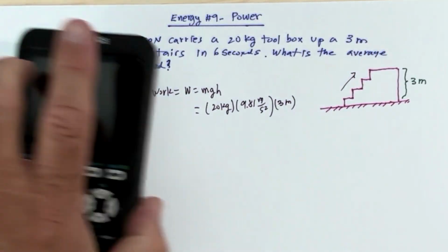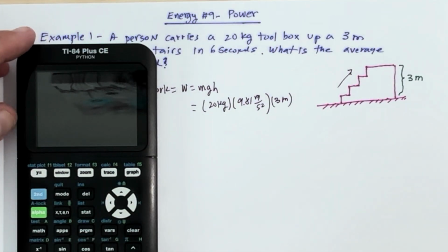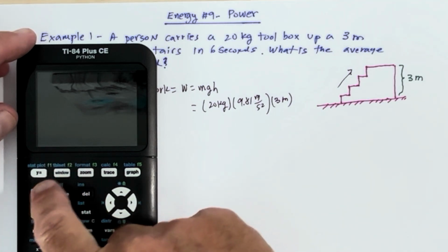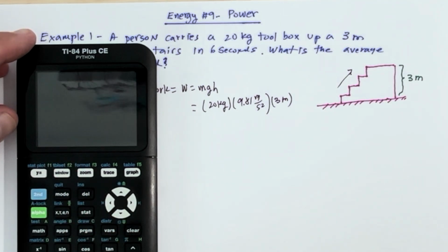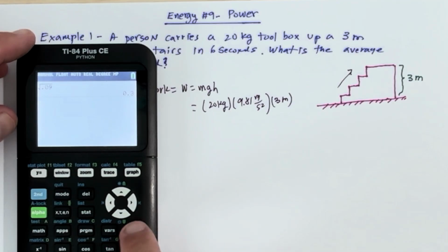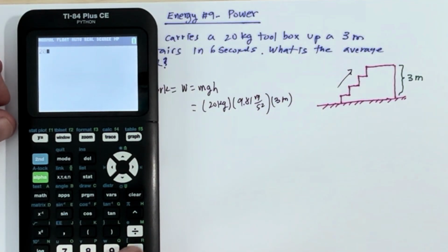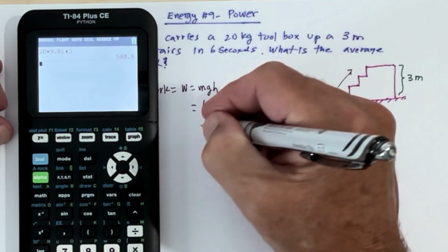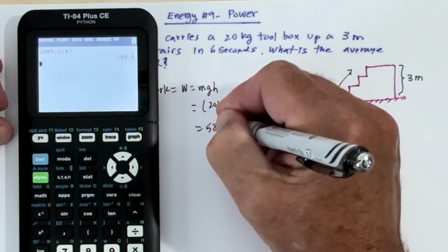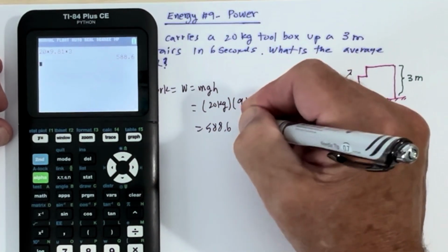So let's plug that into our calculator. It's in the proper units. So we got 20 times 9.81 times 3, enter. That's equal to 588.6 joules.